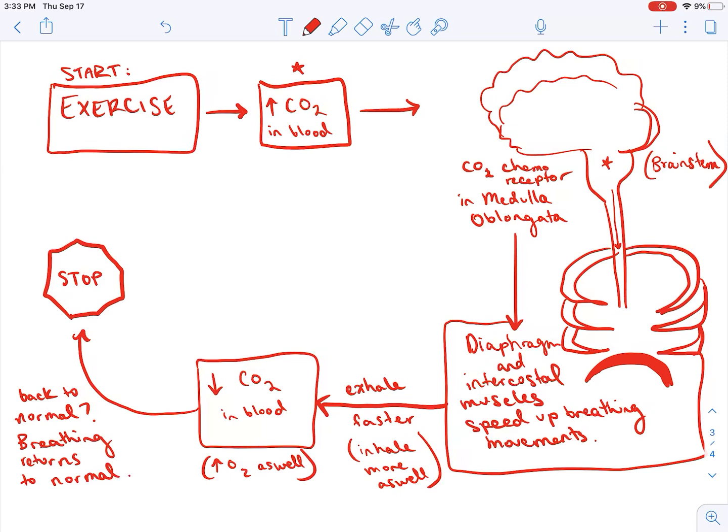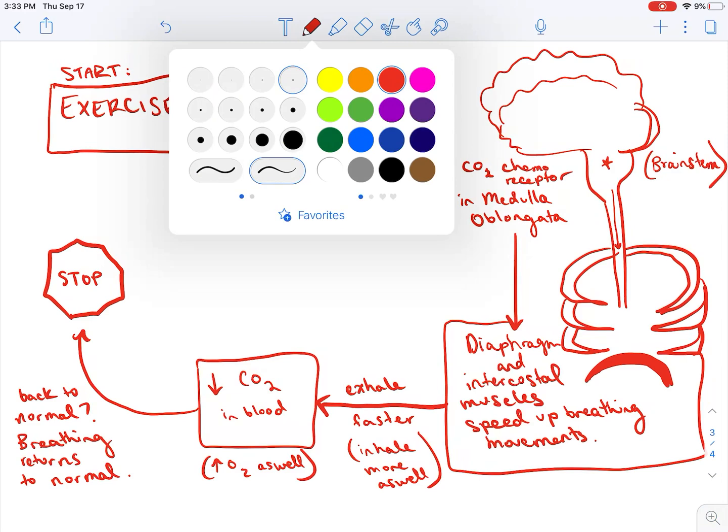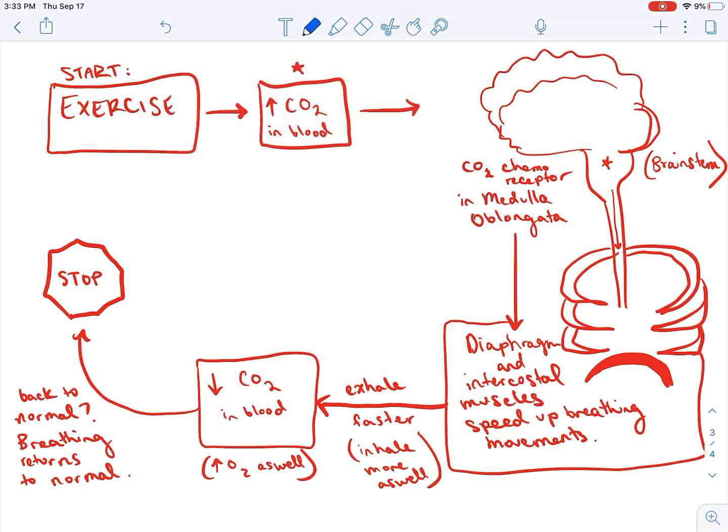And so just as another thing to think about, with the oxygen, our starting point could be something like if we're at a higher altitude, or if we had carbon monoxide poisoning, or in some other way just our oxygen was restricted.